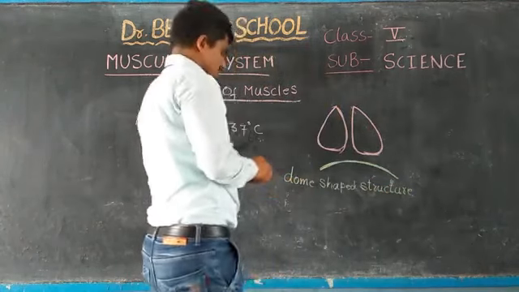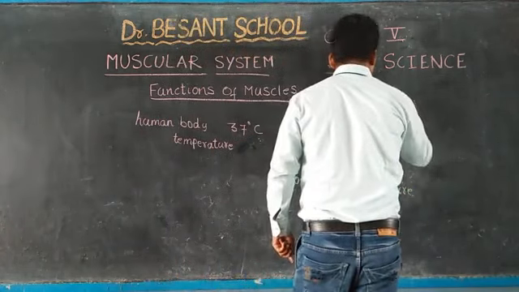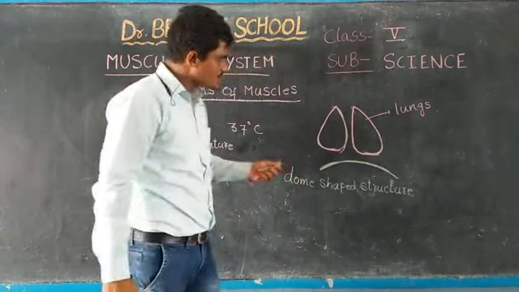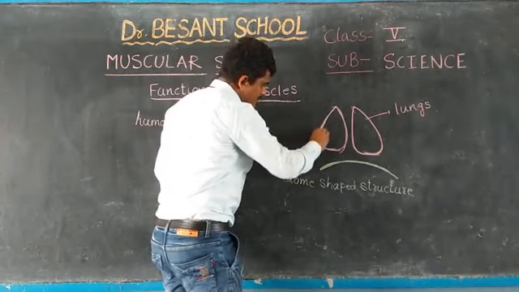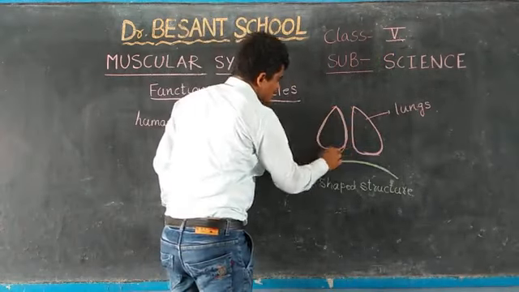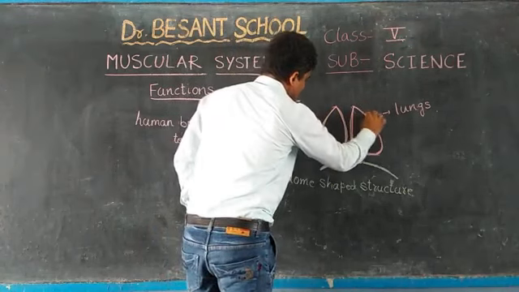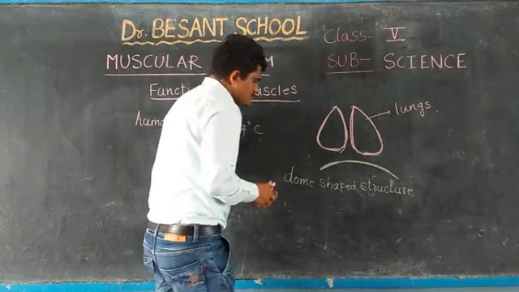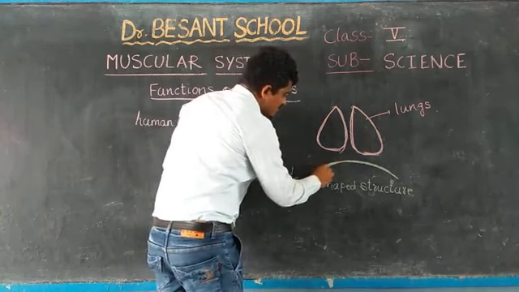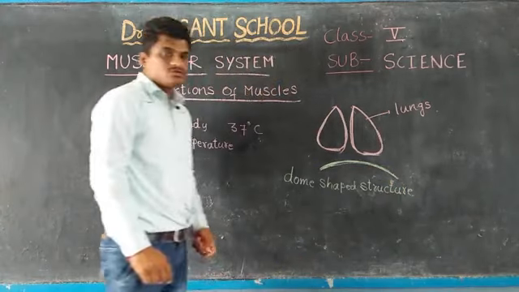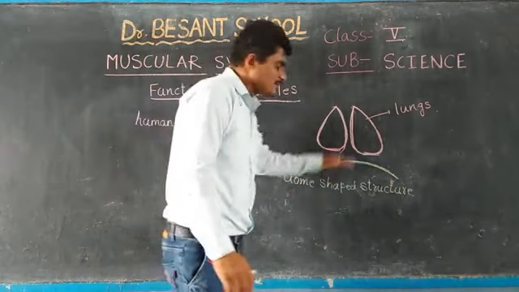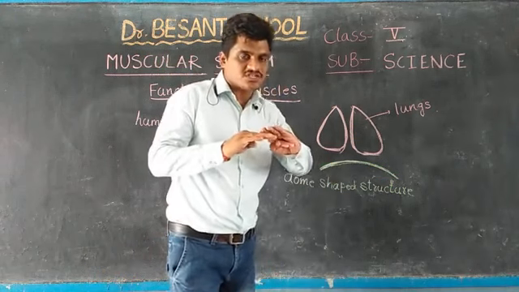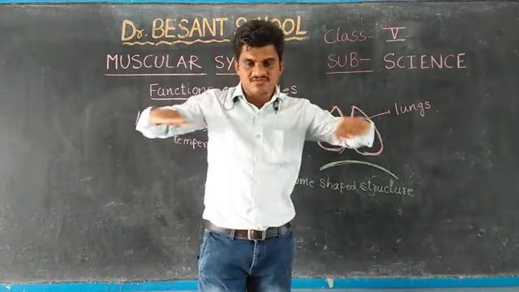These are the lungs, a pair of lungs, and they are also made up of muscles. This dome-shaped structure present below the lungs helps in respiration actually. How does it help in respiration? This dome-shaped structure sometimes becomes flat.